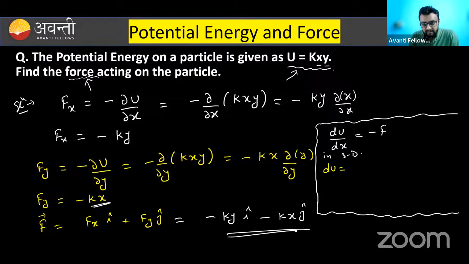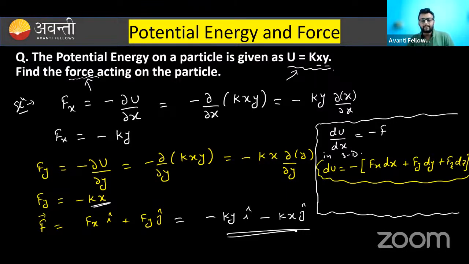Then it will be minus Fx dx, Fy dy, Fz dz. If you know the force, you can calculate the potential energy in this way, negative of. Okay. Now let's try the question on the board.